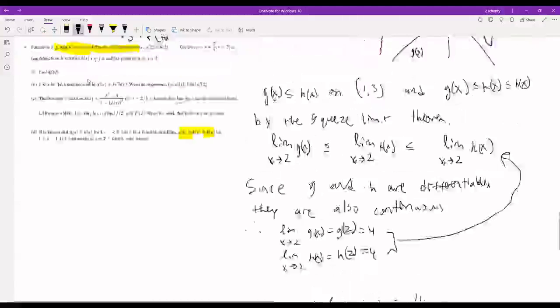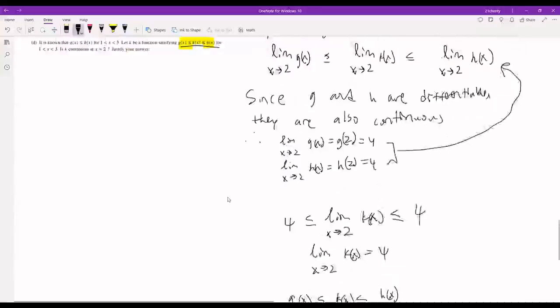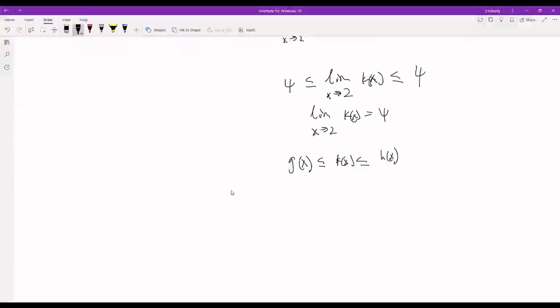That is given in the problem. We also know that g of 2 is 4 and h of 2 is 4. So 4 is less than or equal to k of 2 is less than or equal to 4, which means k of 2 equals 4.